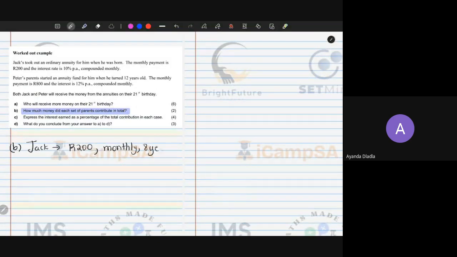Then for Peter, they were contributing 800, and they were doing this monthly because the compounding period is monthly. They were doing it every month. Jack is 21 years, isn't it, guys? Yep, look at Jack from when he was born. So for Jack, they did this for 21 years. But for Peter, they did this for 9 years, isn't it?